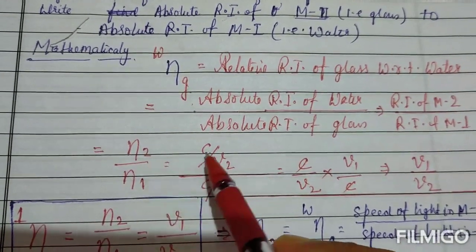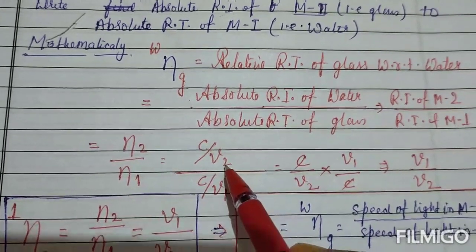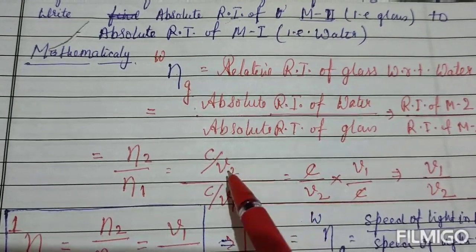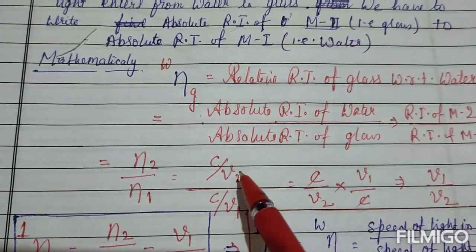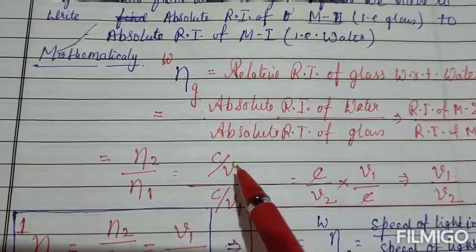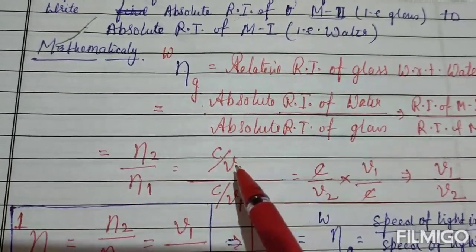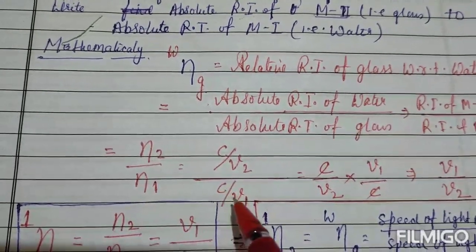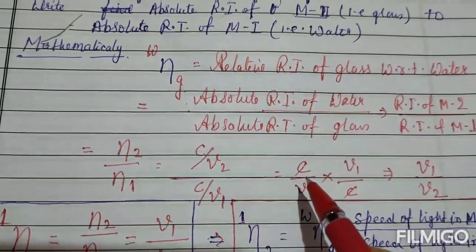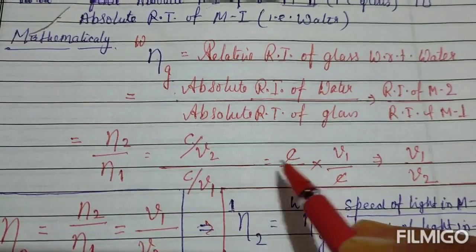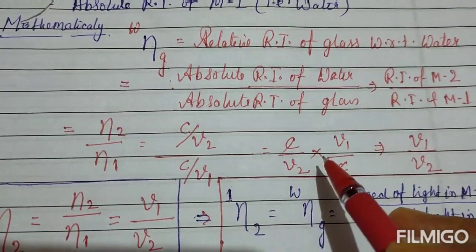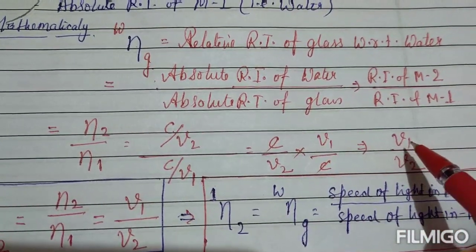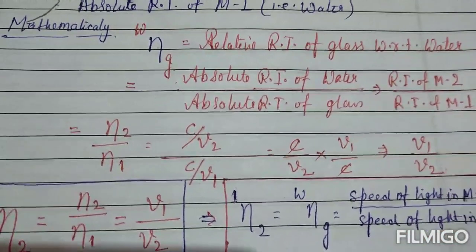We have learned previously in the discussion of absolute refractive index that nu 2 equals C by V2 and nu 1 equals C by V1. Now calculating this further, C upon V2 into V1 by C. C and C will cancel out, so the final result is V1 upon V2.